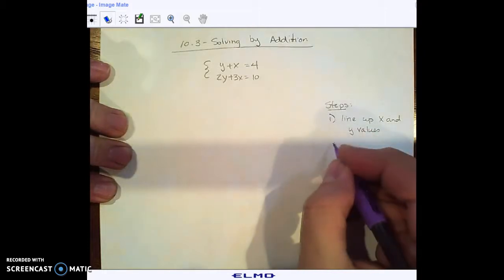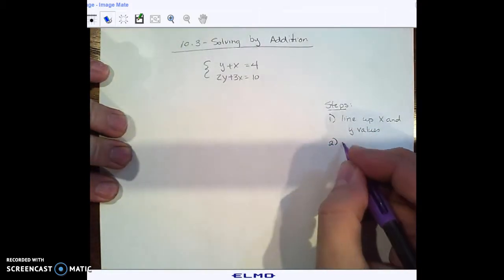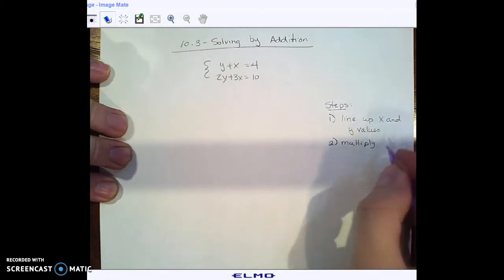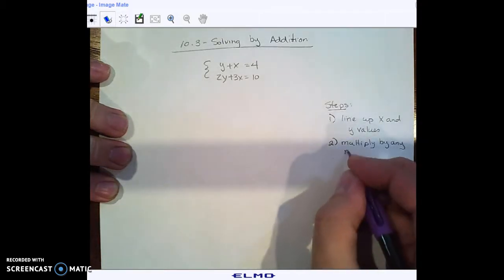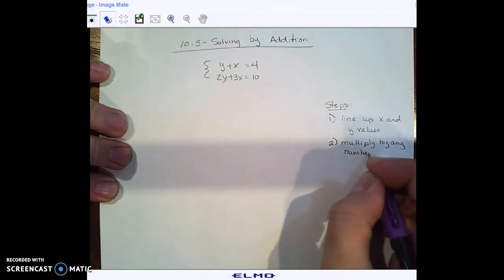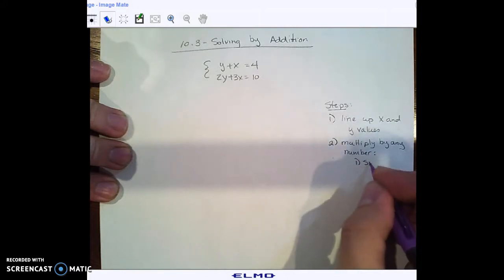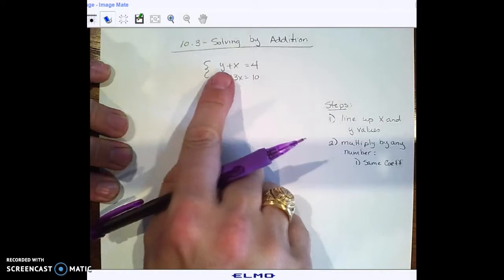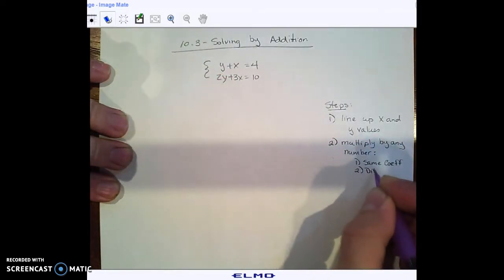So after we line up our x and our y values, the second thing we need to do is multiply by any number that gives us the following qualities. The first thing is we want the same coefficient for one of the variables, but we want different signs.